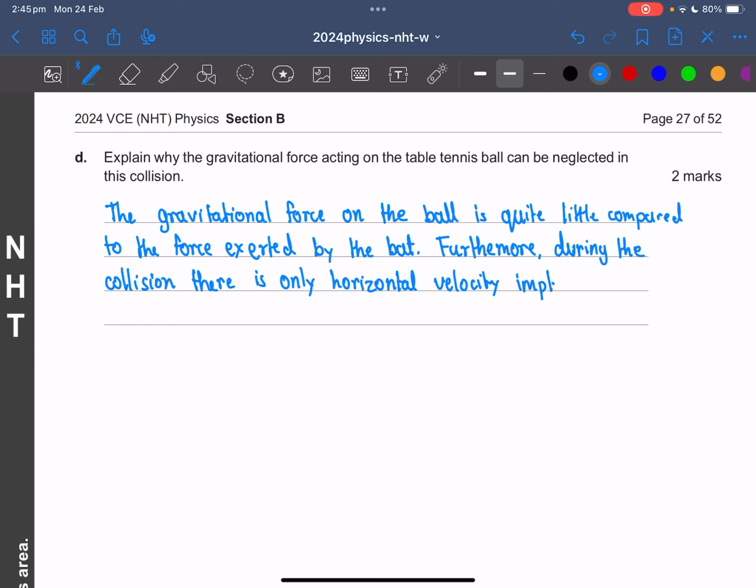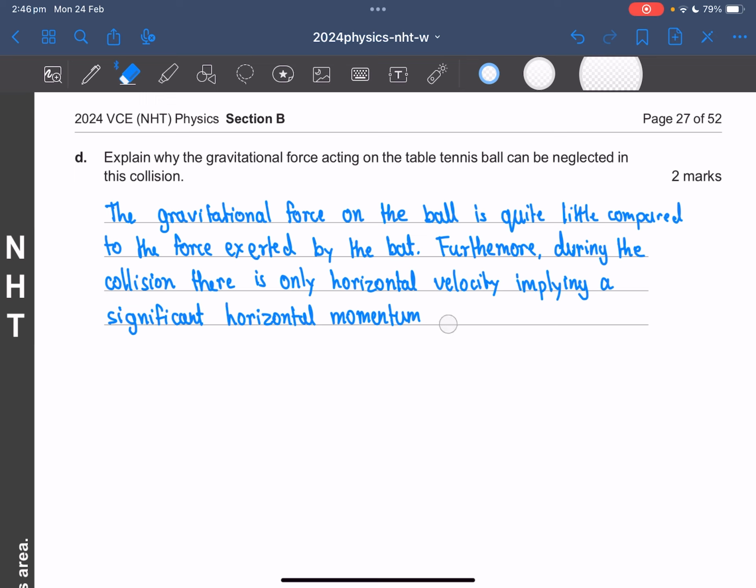implying a significant horizontal momentum. With little to no change in the word, hold on.